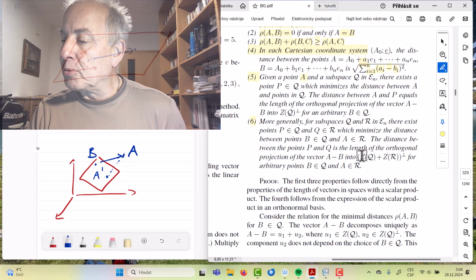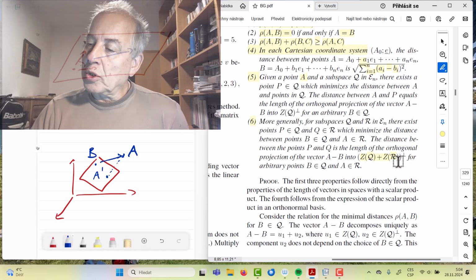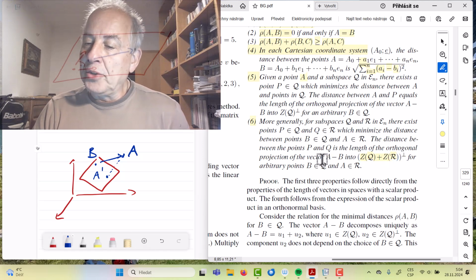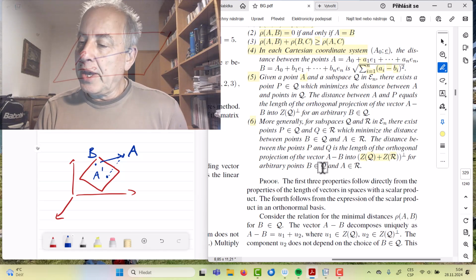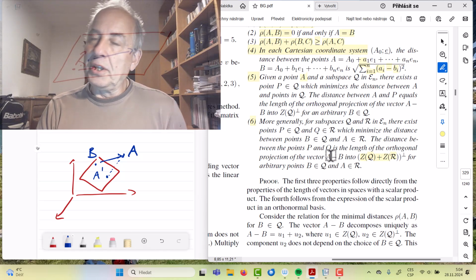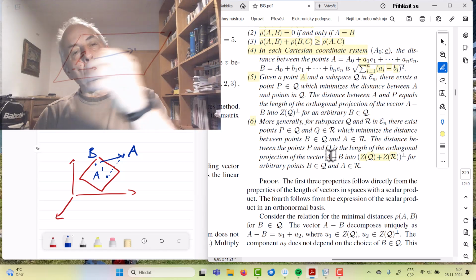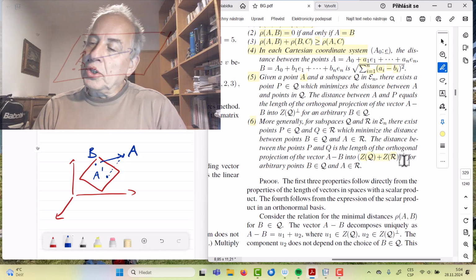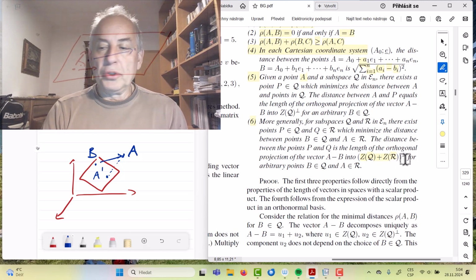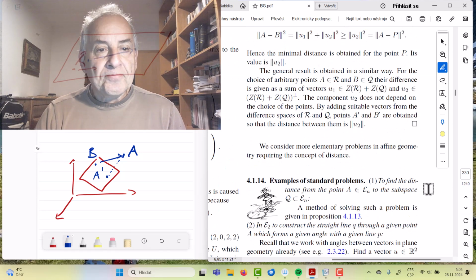Again you do absolutely the same. You take the difference spaces of those, you take the orthogonal complement of them, you take any 2 points in the two spaces, and you project the vector from the first one to the second one onto the orthogonal complement, and that's it. It's very straightforward and exactly what you would expect.